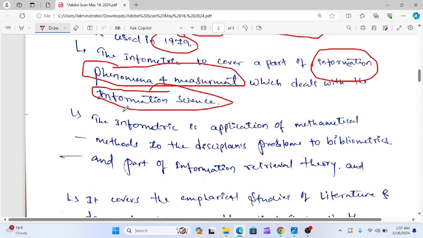Okay, informetrics is the application of mathematical methods to the discipline's problems of bibliometrics and part of information retrieval theory.